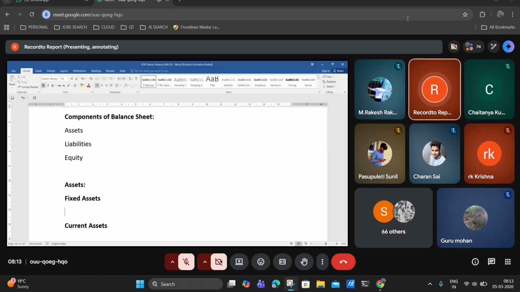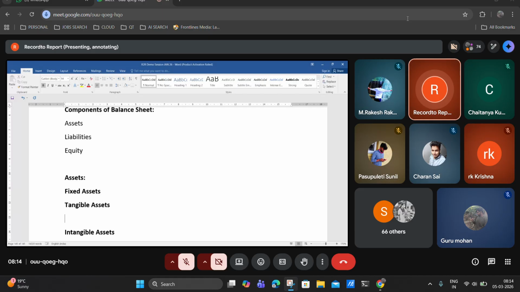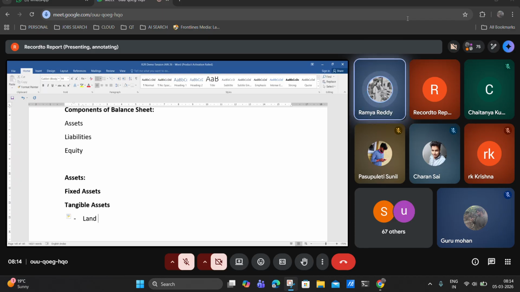So fixed assets and current assets. Fixed assets are again divided into tangible assets and intangible assets. Okay. Tangible assets and intangible assets. What are the tangible assets, guys? Those which we can touch and which we can feel.